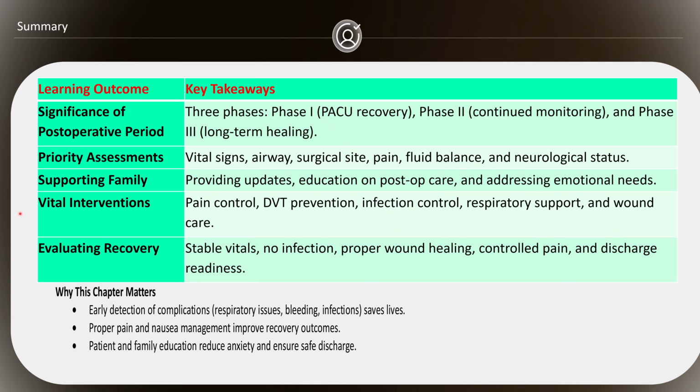It's okay. No infection, proper wound healing, controlled pain, so the patient can take pain meds around the clock and be able to function. Minimal to improving function, and discharge readiness.